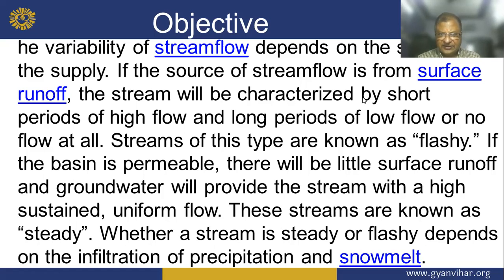If the basin is permeable, there will be little surface runoff, and groundwater will provide the stream with a high, sustained, uniform flow. These streams are known as steady. So whether a stream is steady or flashy depends on the infiltration of the precipitation and snow melt.